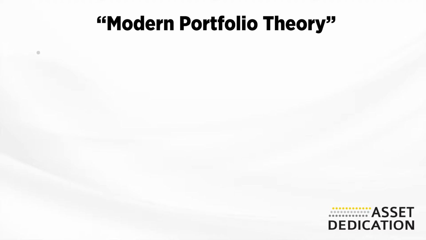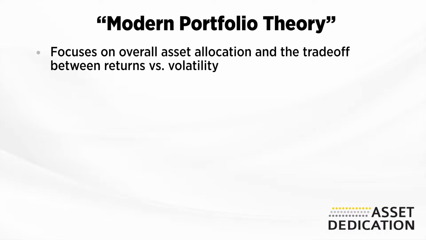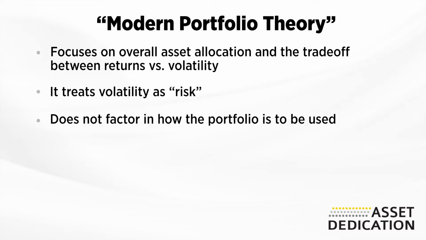The modern portfolio theory focuses on overall asset allocation and the trade-off between returns versus volatility, the day-to-day random fluctuations that occur in the stock market and in all financial markets. It treats volatility as risk and does not factor in how the portfolio is supposed to be used or what goals it's going to be used for.